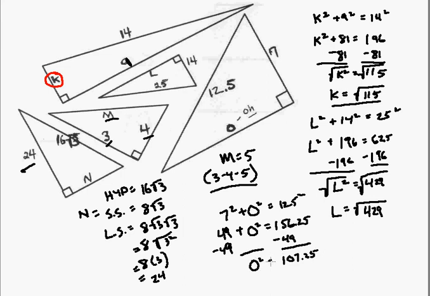So that's O squared. And then O is going to be equal to the square root of 107.25. I wonder if that's going to come out to be an even number. I don't know. No, that would be a negative. So that's going to be the answer for O, the square root of 107.25.